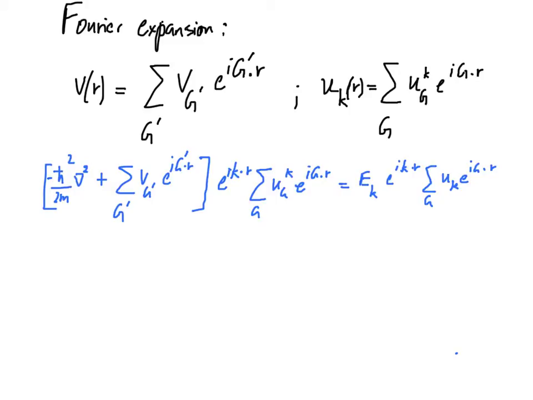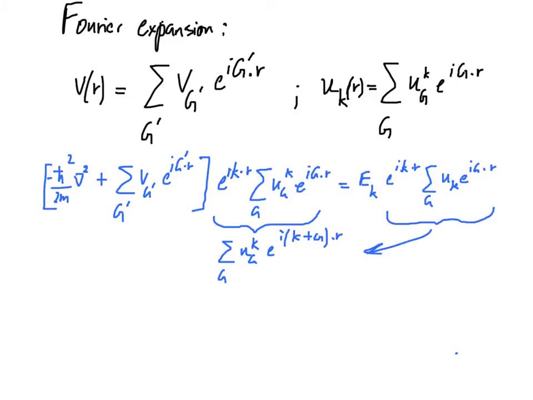For the purpose of the algebra that will follow, it becomes useful to take this quantity inside the sum, and when we do that, the two exponentials can be combined. So this is what you have, and the same thing applies to this quantity over here as well.